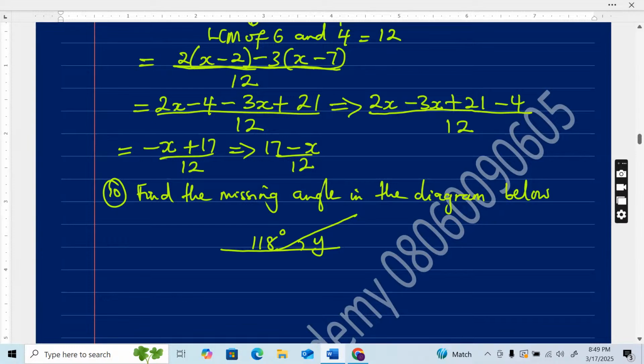Correct. Temitope Adeloye, you are correct. Thank you. It is an angle on a straight line. The student with Akinlalu Temitope, pardon me for the pronunciation of your name. You are correct.